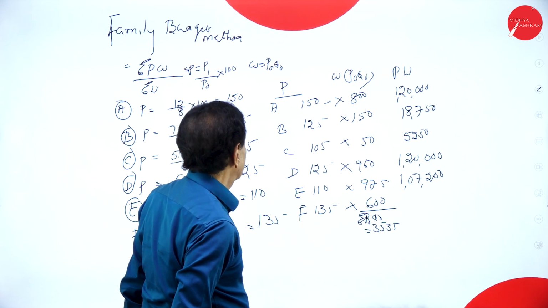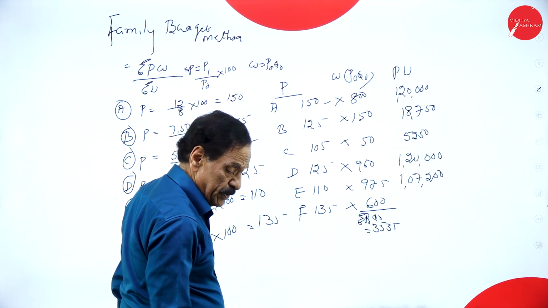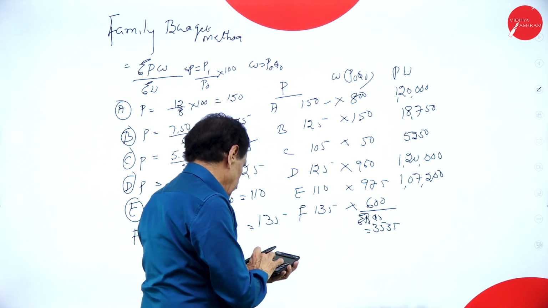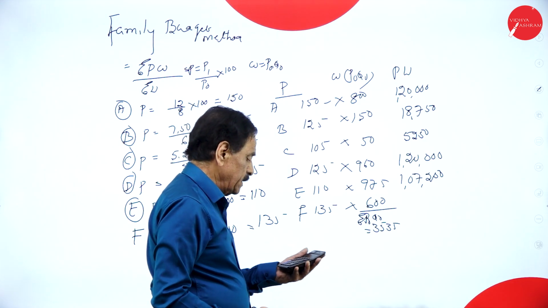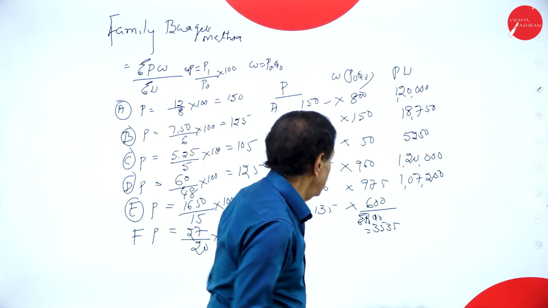Then P into W, 600 into 135. This is 81,000.